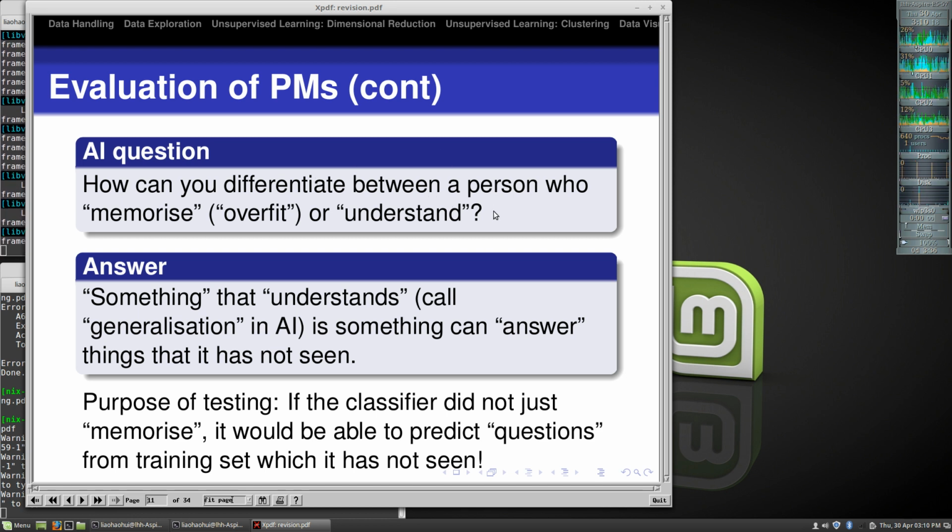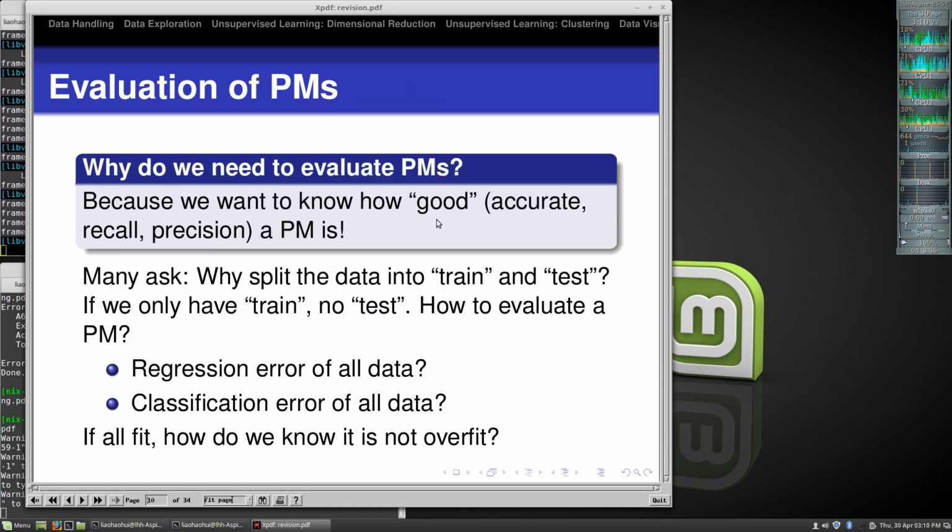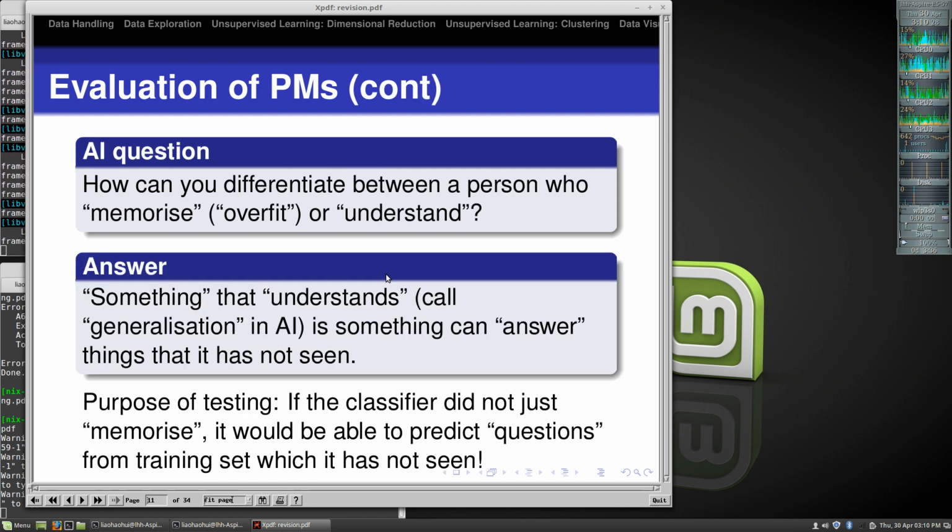So when we purely use the classification error as a measurement, we will not be able to distinguish between memorizing and understanding.